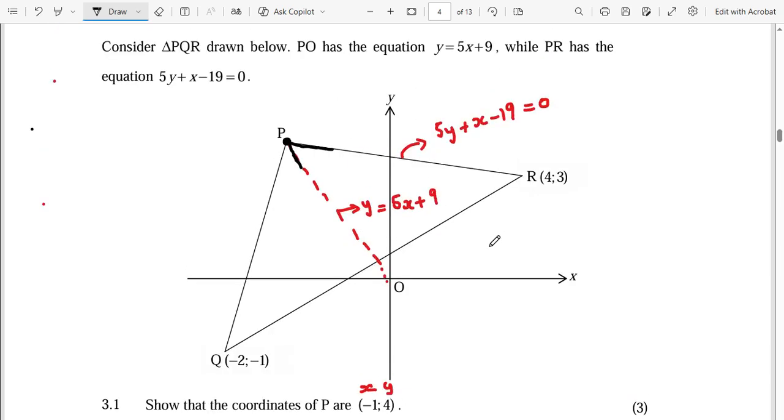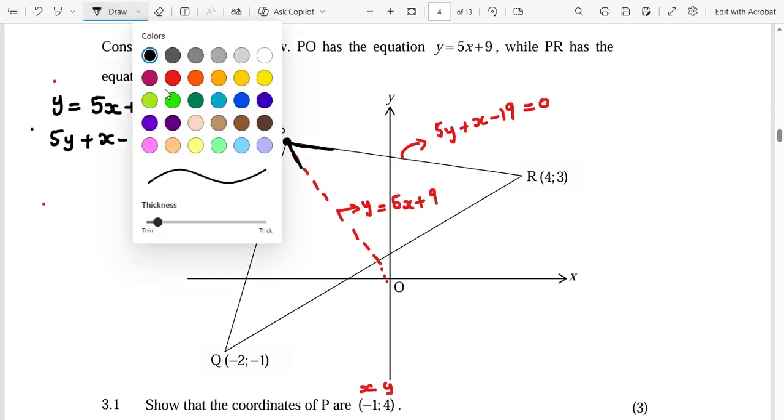So if I have the first equation as y equals 5x plus 9, let me call this equation 1. And we have 5y plus x minus 19 equals 0. Let's call this equation 2. So we have two equations.